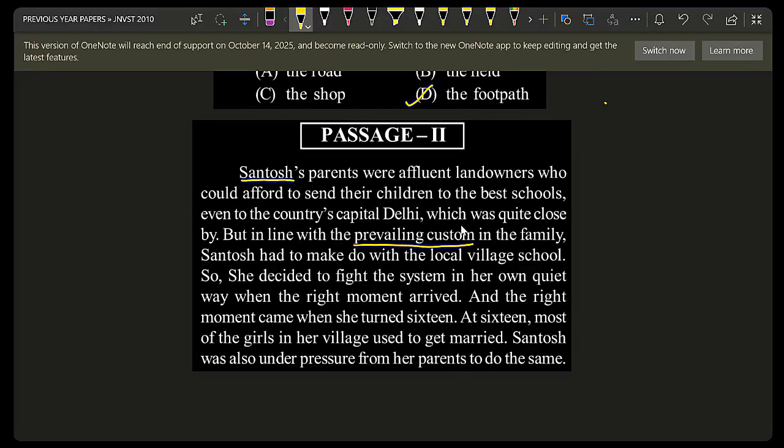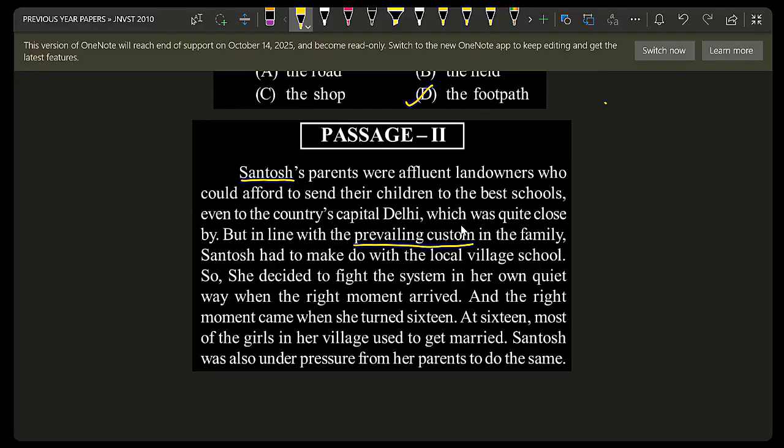And the right moment came when she turned 16. So when she is 16 years old, most of the girls in her village used to get married. So in their village at 16, they'll make the girls marry someone and they will go to the in-laws' house. Santosh was also under pressure from her parents to do the same.